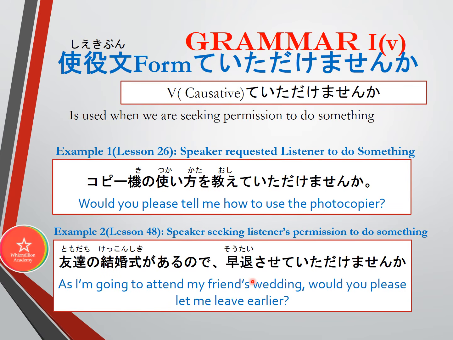Notice that the meaning here is would you please let me leave earlier? So the speaker is the one who is doing the action, leaving, and he is simply using this sentence to ask for the listener's permission to leave.